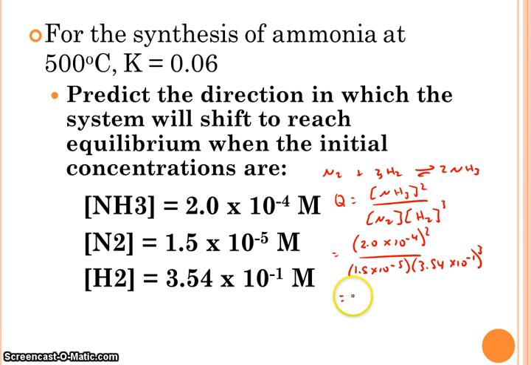And this time we're going to get 0.06. So our K equals our Q value, which means we're at equilibrium for this particular set of concentrations.